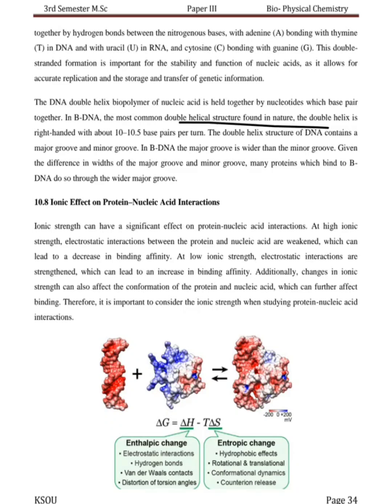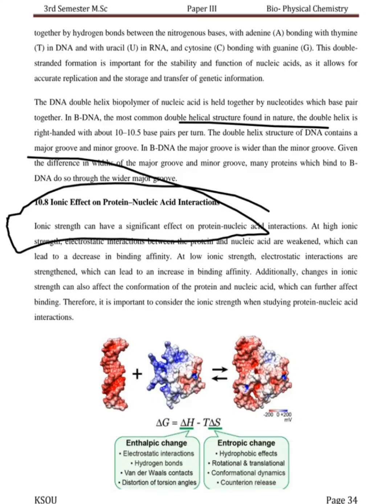What is the ionic effect on protein nucleic acid interaction? Proteins with nucleic acids form interactions. Ionic strength can have a significant effect on protein nucleic acid interaction. If the ionic strength is high, the electrostatic interactions between the protein and nucleic acids are weak or very less.